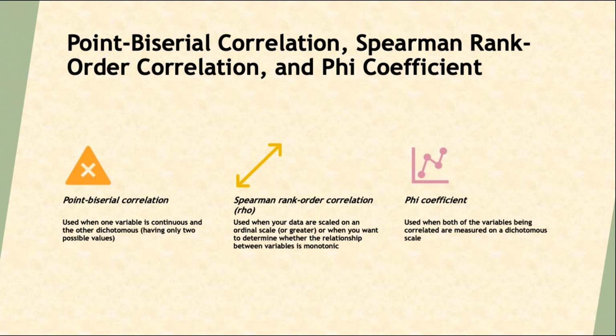The phi coefficient is used when both of the variables being correlated are measured on a dichotomous scale. You can calculate the phi coefficient with its own formula.